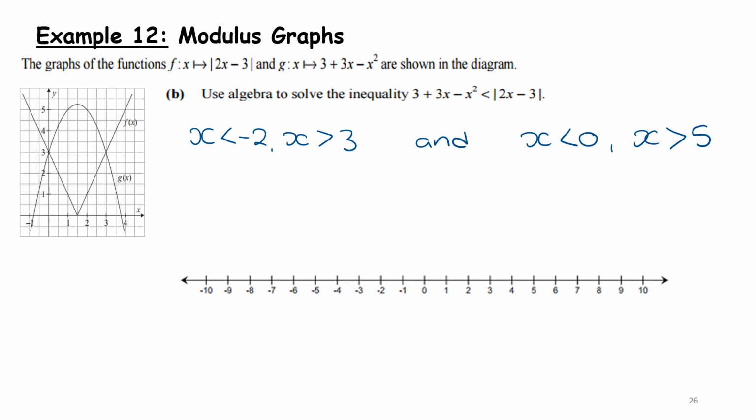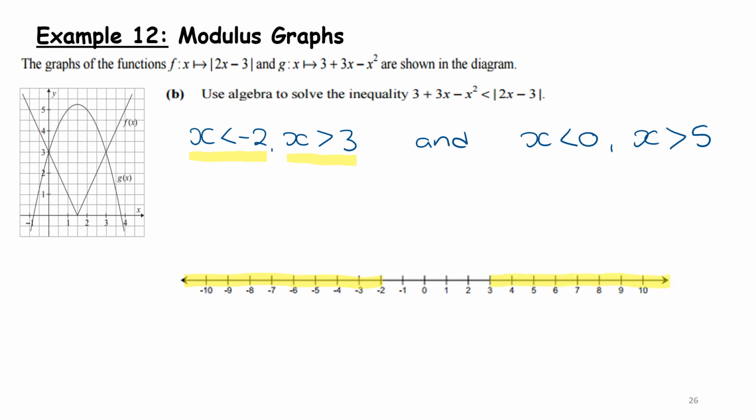What I have here is a number line, and I'm going to use my highlighter. So I'm going to show x is less than minus 2. So that is here in yellow. And then I have x is greater than 3, which again I'll show in yellow, which is this section here.